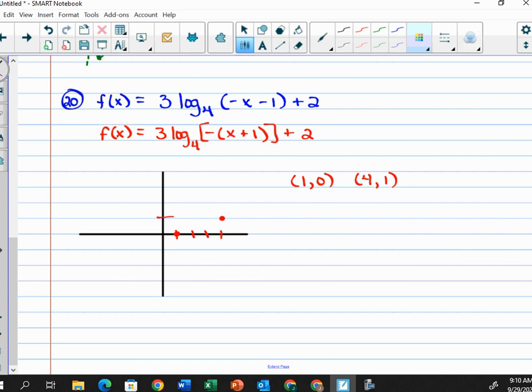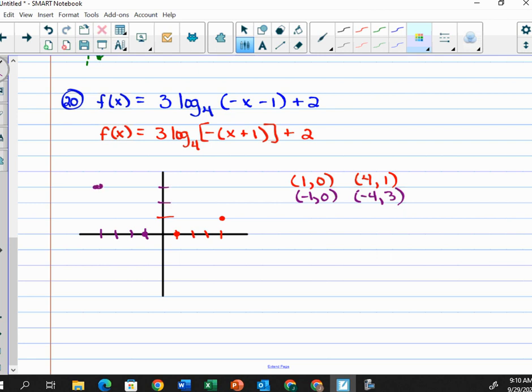You're essentially taking the x values times negative 1. So by flipping and stretching, (1, 0) is going to become (-1, 0). (4, 1) is going to become (-4, 3). You can write it out if you need to. So flipping and stretching, flipping and stretching.